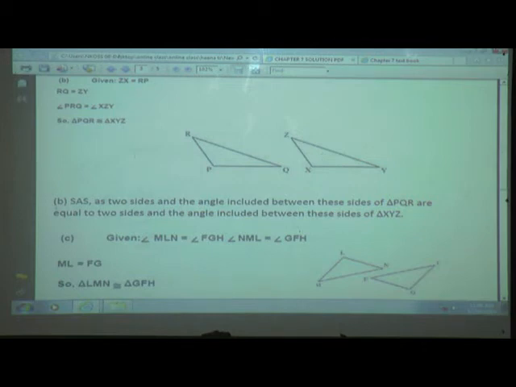So we can say SAS: two sides and the angle included between these sides of triangle PQR are equal to two sides and the included angle of triangle XYZ. So both the triangles are congruent by SAS, or side angle side criteria.